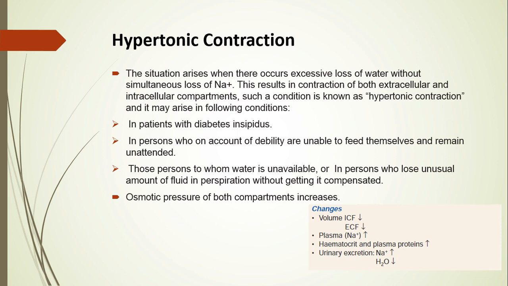The changes present in the body are low volume of intracellular fluid, low volume of extracellular fluid, high plasma sodium, high plasma protein, and in urine excretion there is high excretion of sodium and low excretion of water. And in this clinical condition, the osmotic pressure of both the intracellular and extracellular compartments can increase.